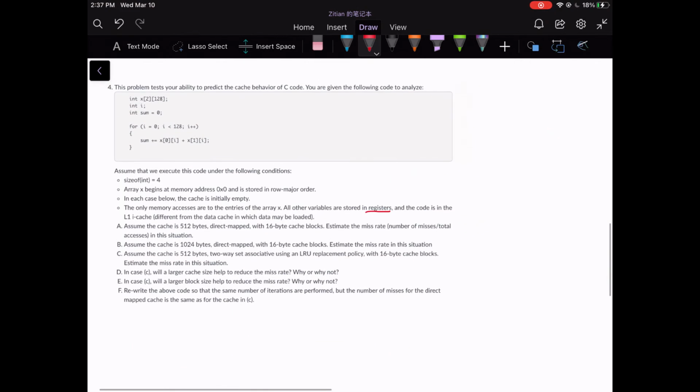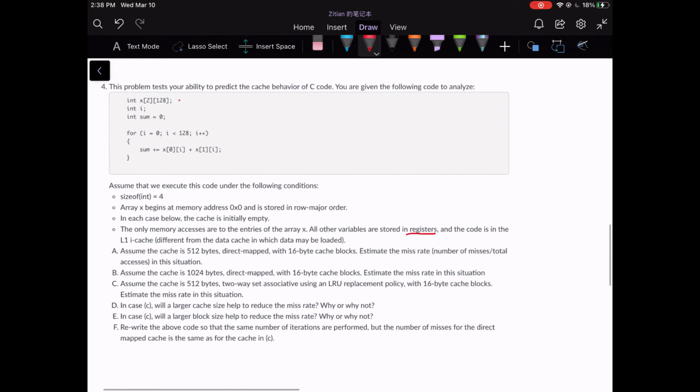Okay, let's check out this question. This problem tests your ability to predict the cache behavior of the following C code. We have a 2-dimensional array X. We have 2 columns, and in each row we have 128 objects.